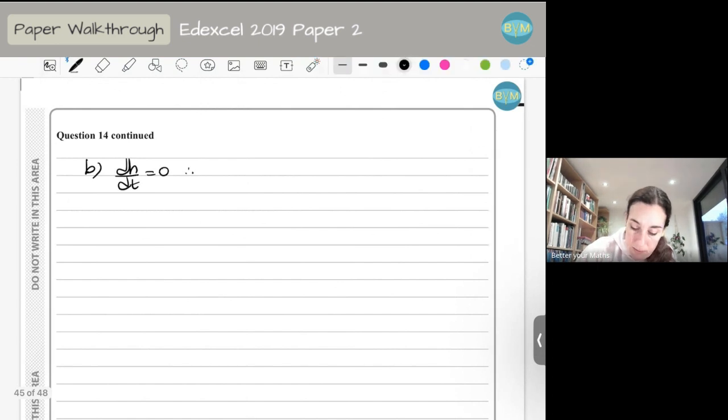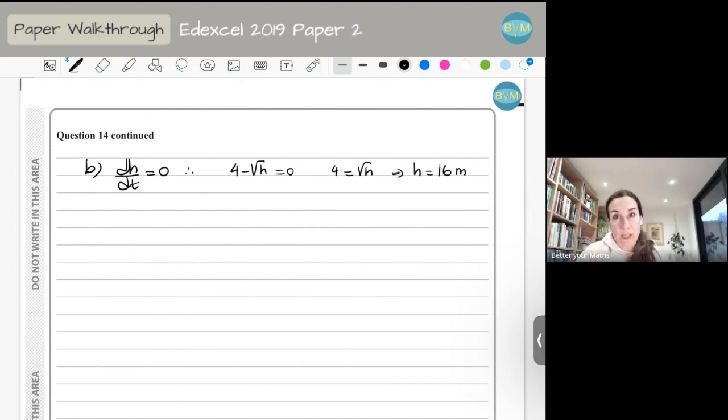So it could be that 4 minus root h is 0, which means 4 is equal to root h, which means h is going to be 16 meters. So that's the maximum value of the heights of the trees, which means your h is going to be greater or equal than 0, because the height cannot be negative, and at the same time smaller or equal than 16, because that's the maximum value.